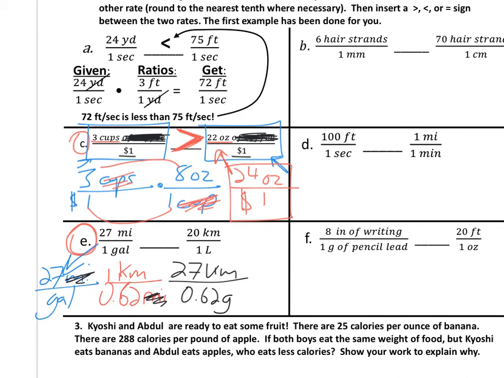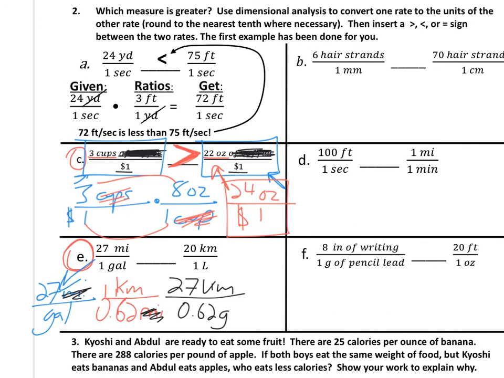But I need to convert that gallons to liters, so I got to look up at the top of the sheet again, where it shows me that there is 1 gallon in every 3.78 liters.